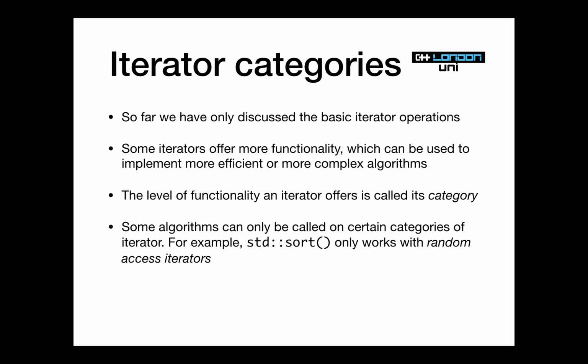Some of the standard library algorithms can only be called on certain categories of iterator. If you try and call standard sort on something that's not a random access iterator, we'll talk about what that means in a moment, you're going to be in a world of pain. Unfortunately, at the moment, you'll get a compile error, but not a very nice one.